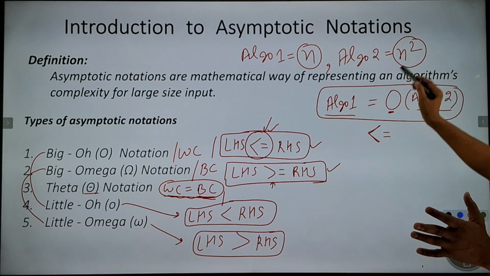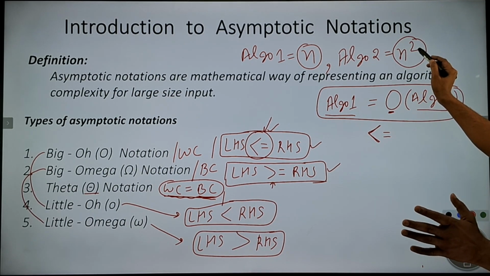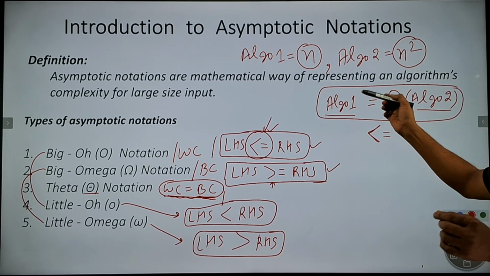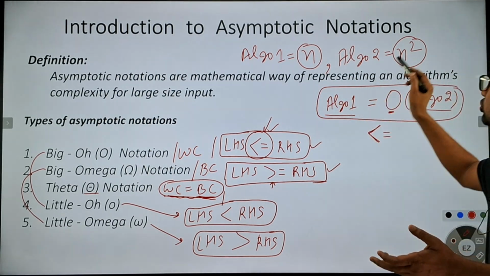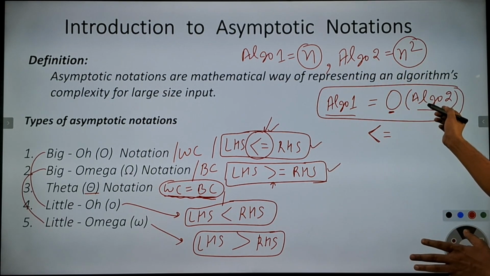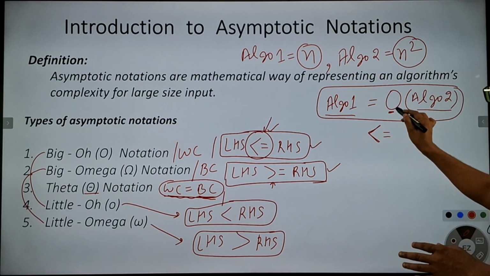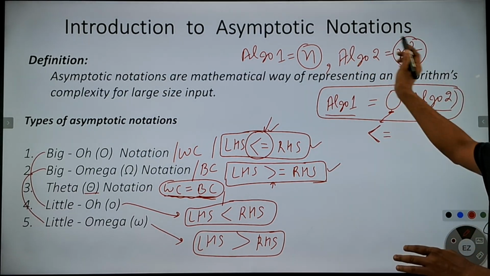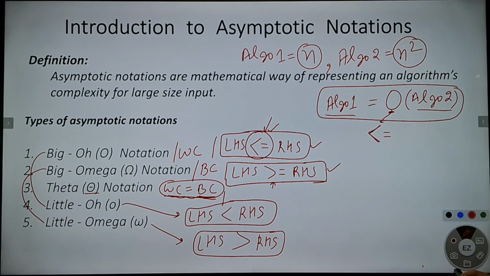Functionally greater means not by any constant. Here n square is n into n and n is n only, so this is n times greater than this. So yes, this is functionally greater. Simply replace this symbol with this and check: is this relation working? Yes, it is working.